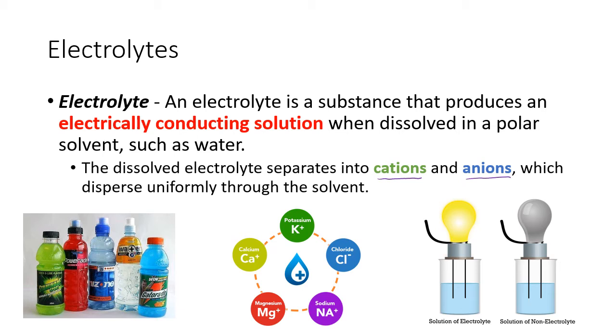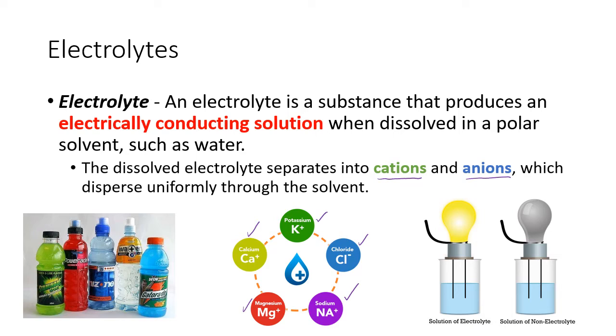Many of the common sports drinks, such as Gatorade or Powerade, contain electrolytes. Common electrolytes that the body needs are things like potassium, chloride, sodium, magnesium, calcium, so they contain ionic salts that have those ions within them.